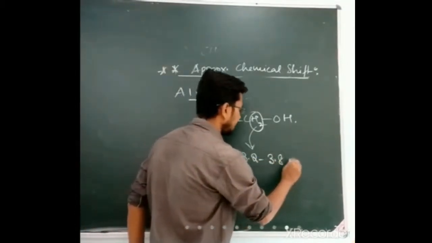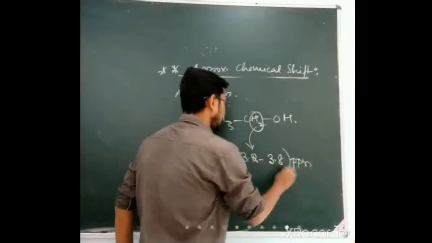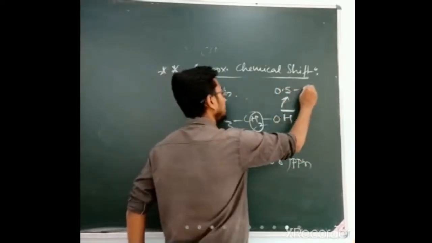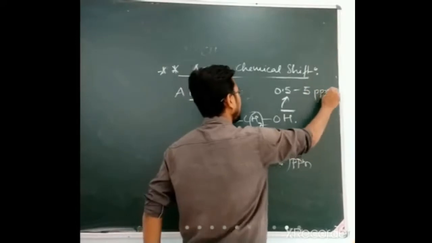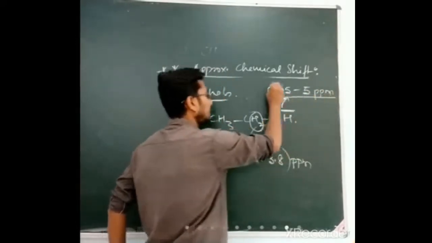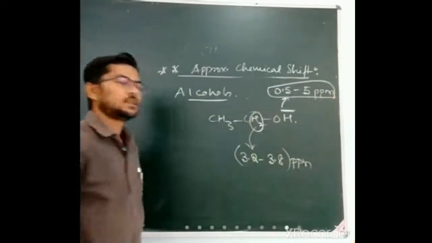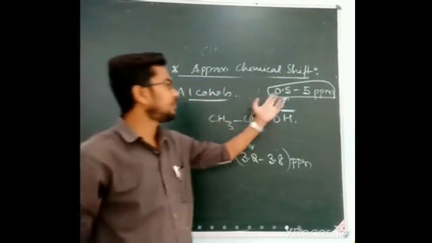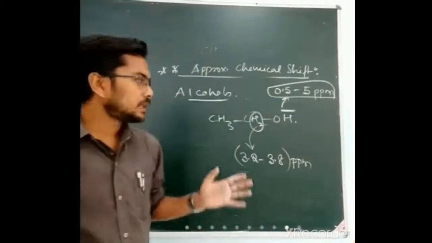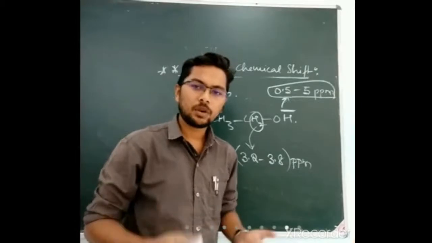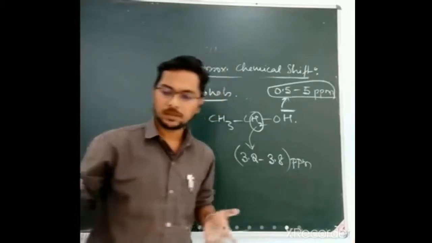Very important. The OH hydrogen is 0.5 to 5 ppm, which means it is quite variable in its appearance in the NMR spectra. Sometimes it will appear, sometimes it will not appear. Why? We'll discuss it.